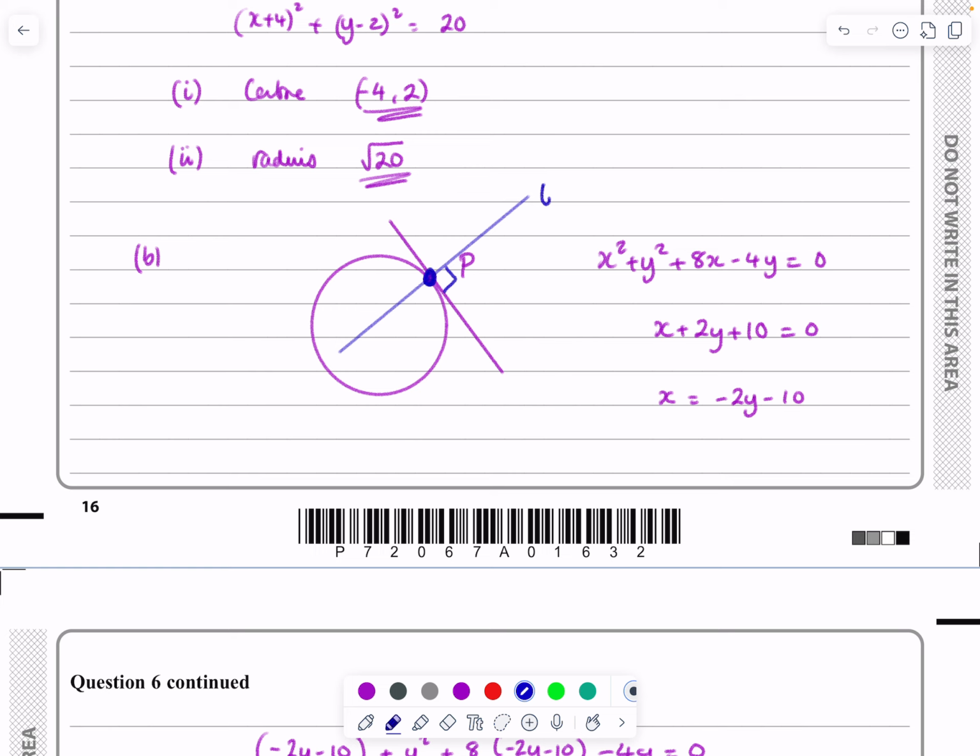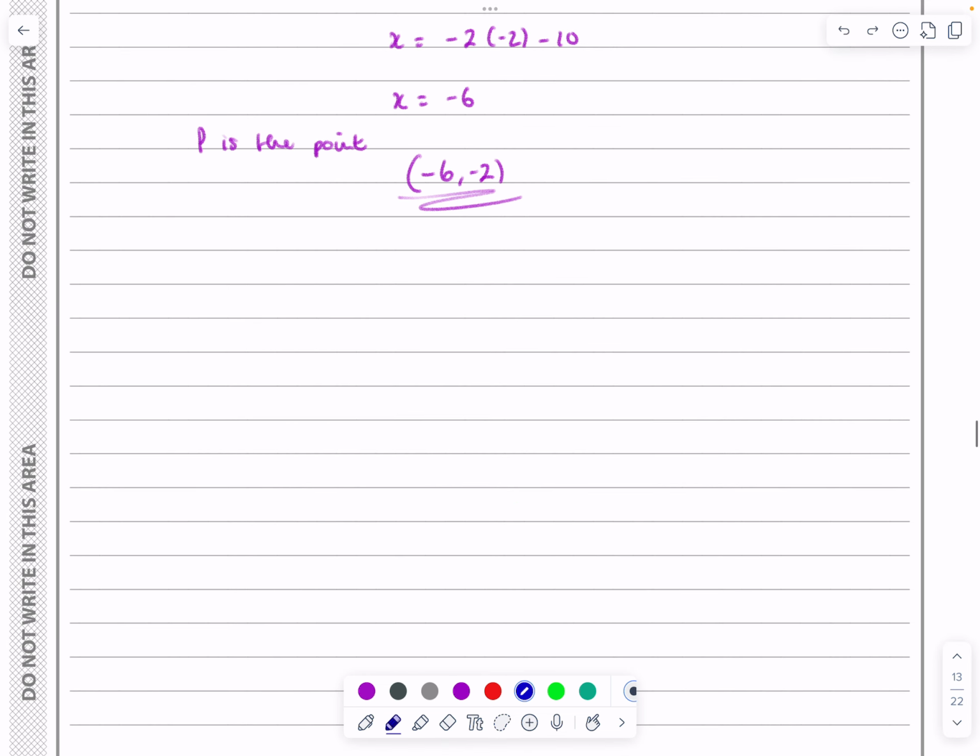So how am I going to work out the gradient of the tangent? Well, there's my equation, remember. So let's tell the examiner what I'm going to do. Part c, the tangent was given by x plus 2y plus 10 equals 0. If we rearrange and make y the subject, 2y is minus x minus 10.